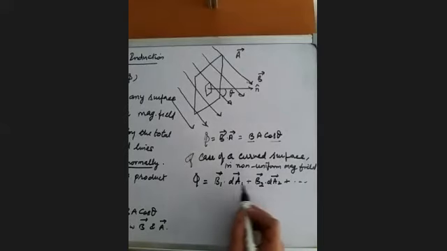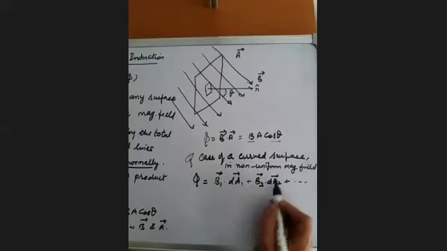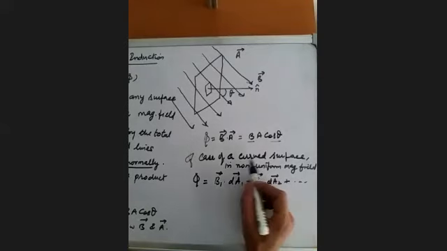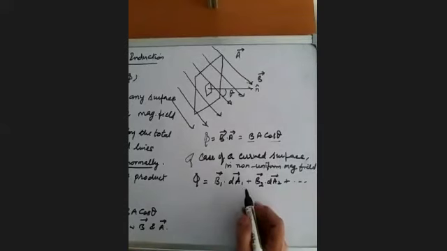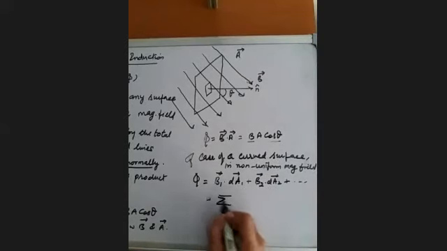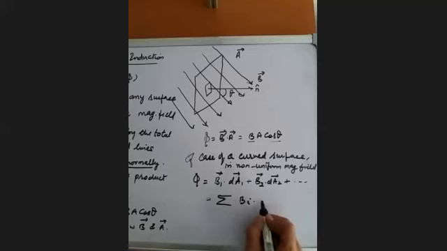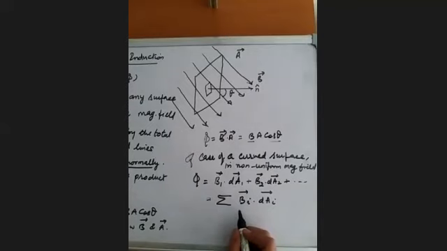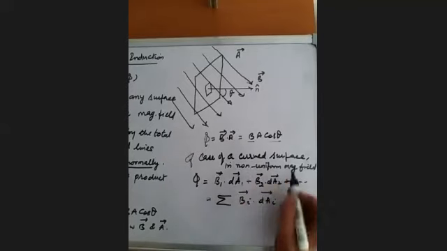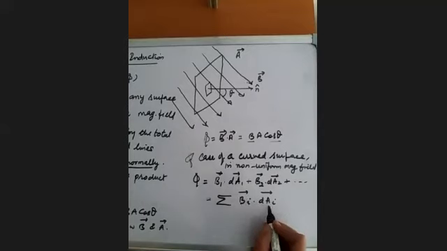So we take the dot product to find the flux associated with these individual area elements of the curved surface. We can sum all these and write the summation of Bi dot dAi. This is the ith value of the magnetic field, and this is the ith element of the curved surface. Now, if this curved surface is divided into very, very small area elements, then this summation can be replaced by an integration.